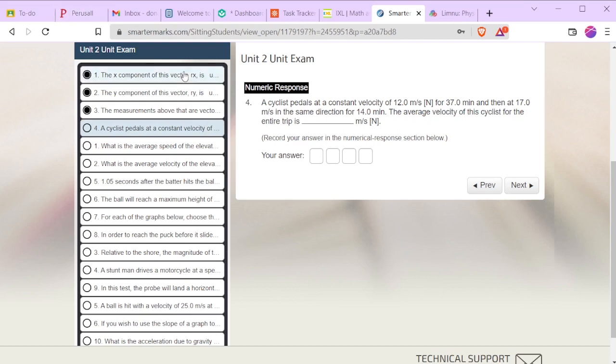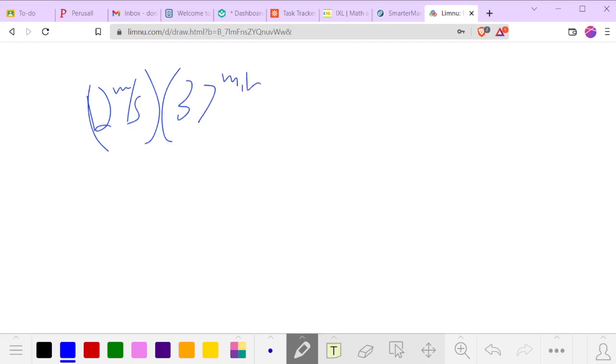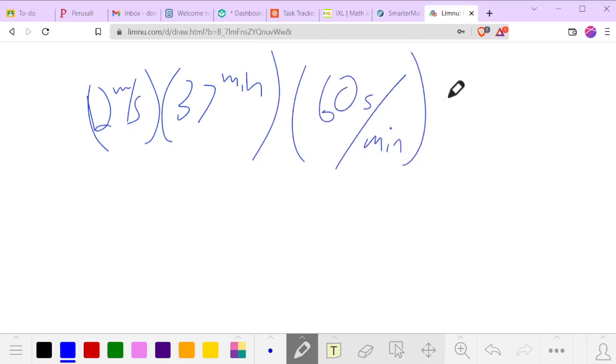So our 12 meters per second for 37 minutes, we've got 12 meters per second times 37 minutes times 60 seconds per minute. So 12 times 37 times 60 is 26,640 meters.